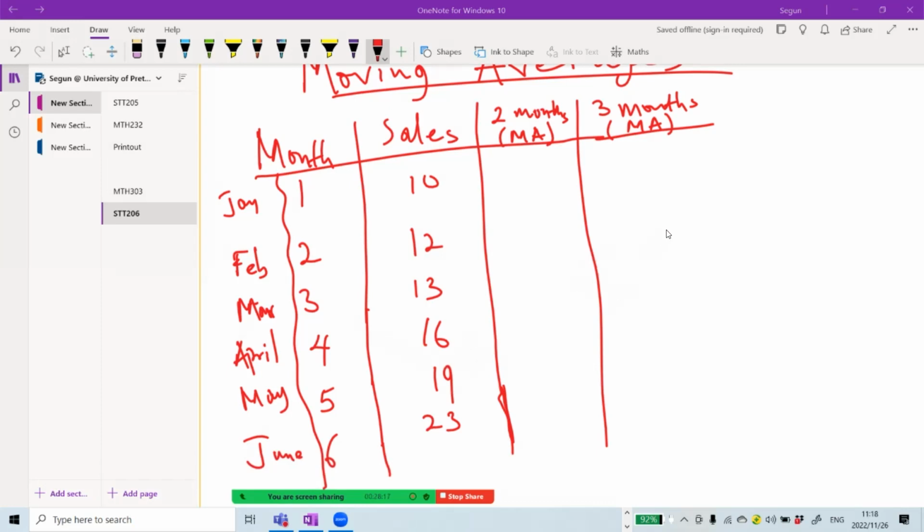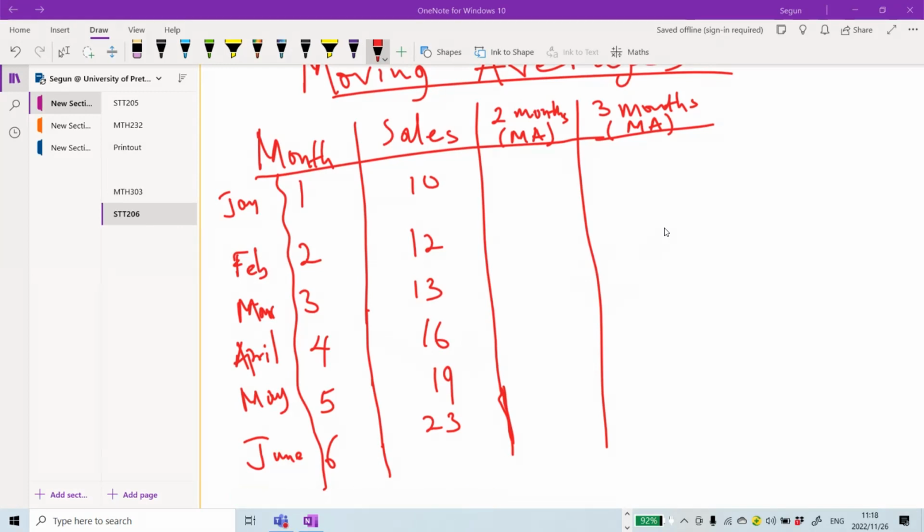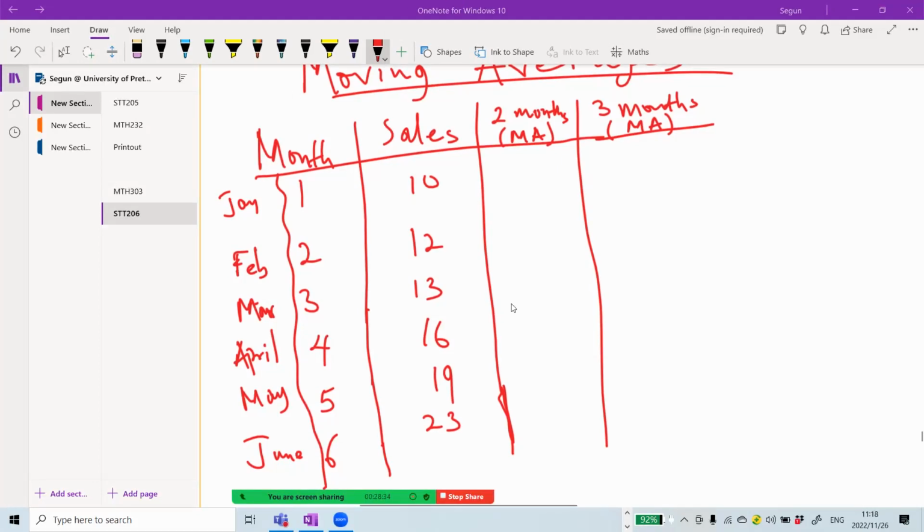So all I need to do is, if they now ask me to calculate the 2 months moving average, what does it mean? Who can explain to us?